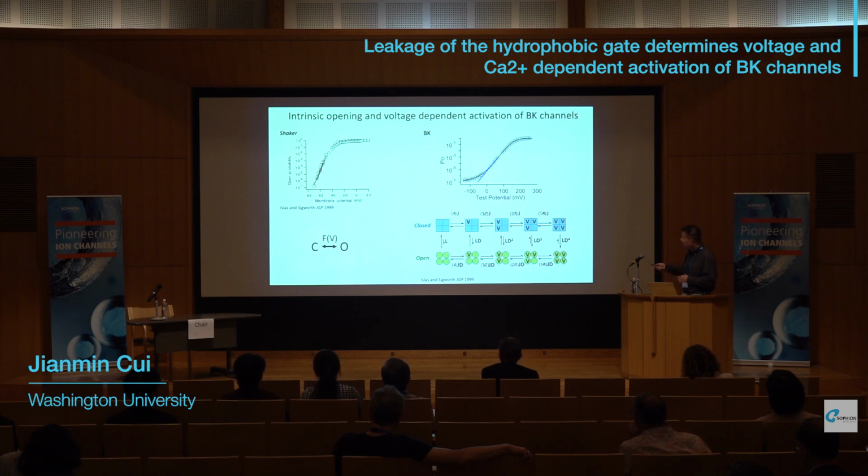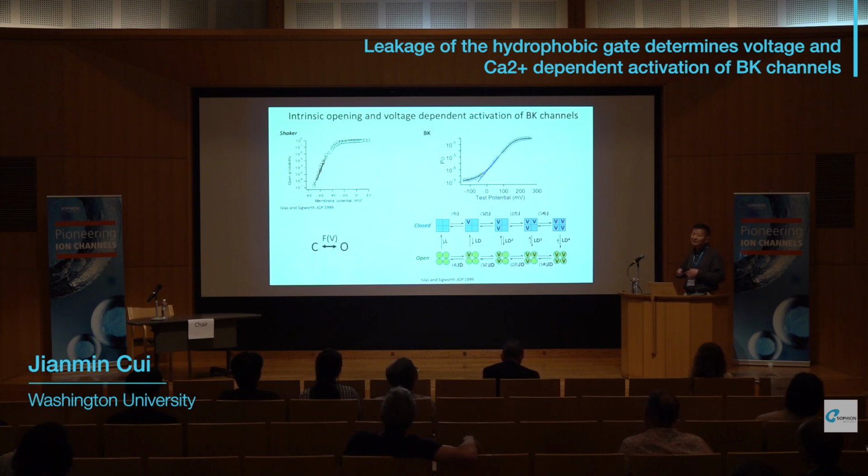Here is the Shaker potassium channel, and if you look at its open probability at very, very low voltages, it goes to 10 to the minus 7. You can see that the voltage dependence, in this semi-log plot, is almost linear all the way, which means that the channel is very tightly controlled by voltage.